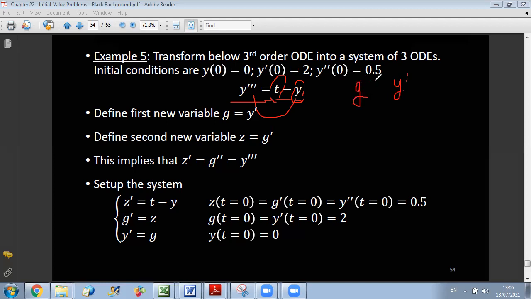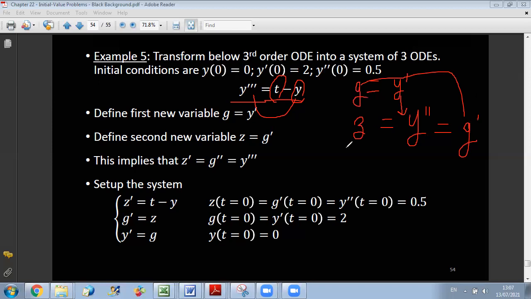My second variable of interest will be y second. But what is nice here is that y second is the derivative of y prime, so it is the derivative of g. So instead of z equal to y second, I can write it as g prime. The purpose is just to use first order derivatives without second and third order derivatives.